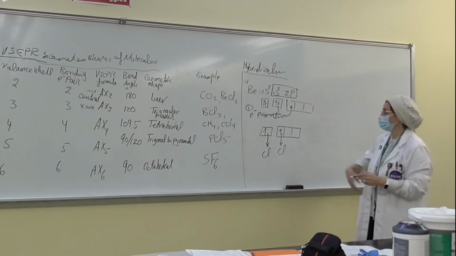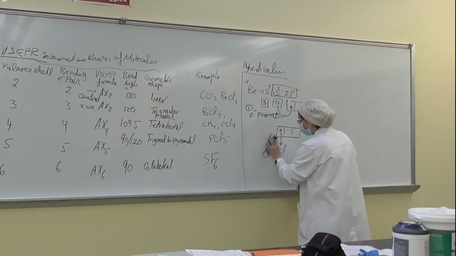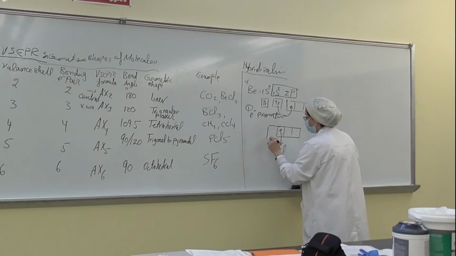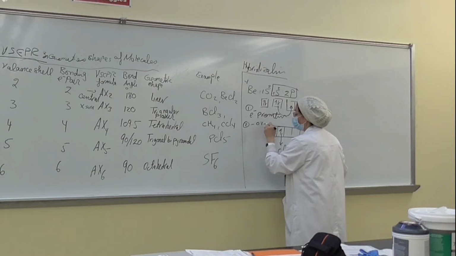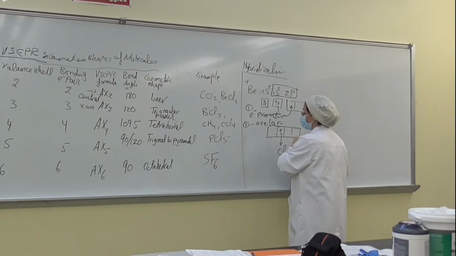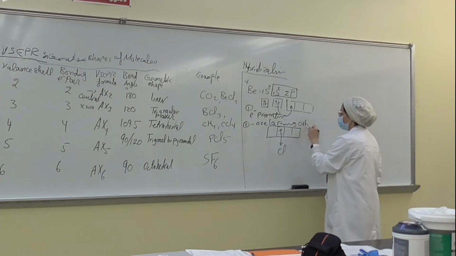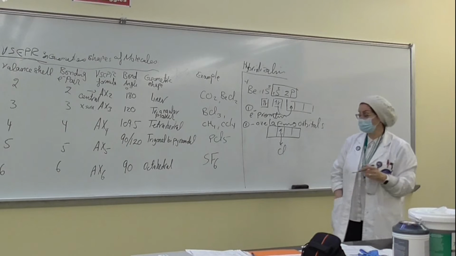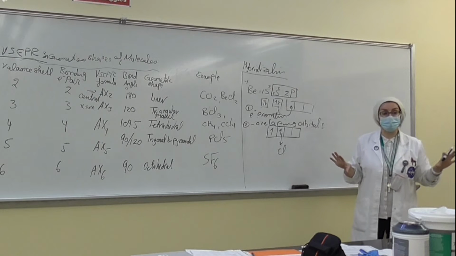All right? Now, this is not going to stay like that. It is going to be connected. In other words, overlap. Overlapping of the orbitals. So we're going to have overlapping orbitals. They are going to make one type of orbital.